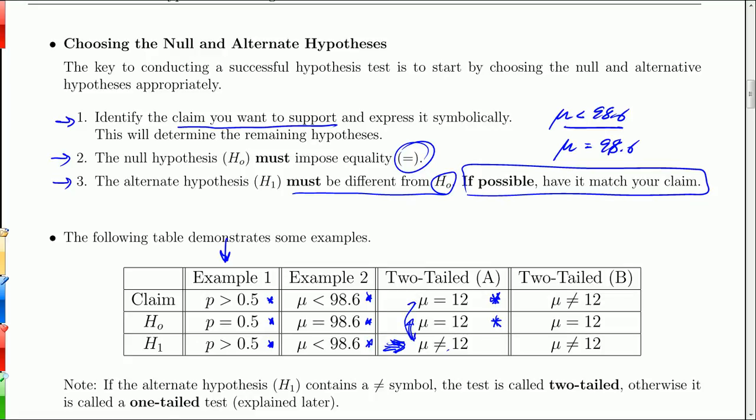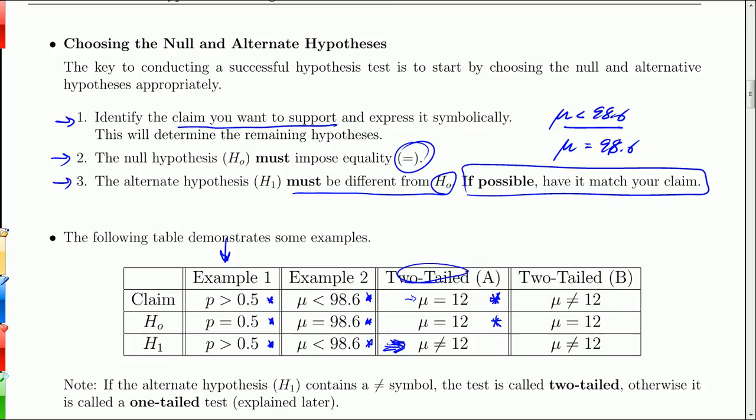I'd like it to support the claim, but it can't be the same as the claim because it has to be different. So whenever you have a claim of equality like that, you wind up with an alternate hypothesis that has a not equal to. The alternate is that mu does not equal 12. That's what's known as a two-tailed test, and I'll describe why that is in a minute.